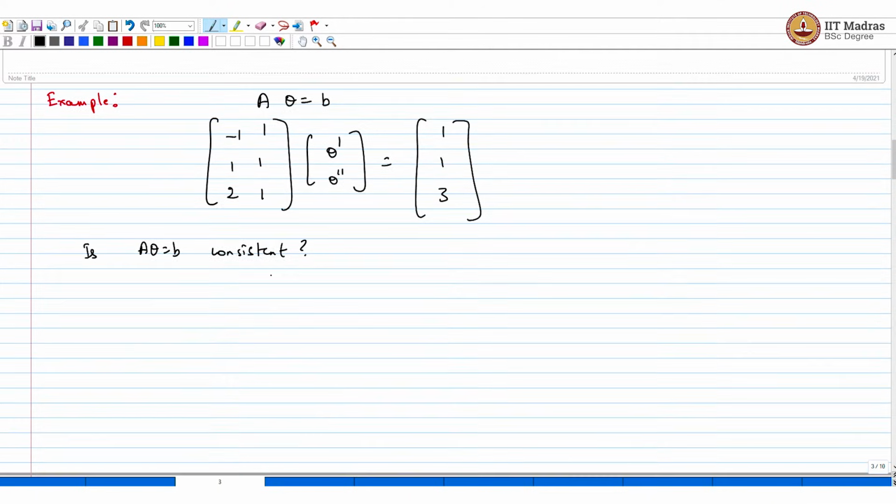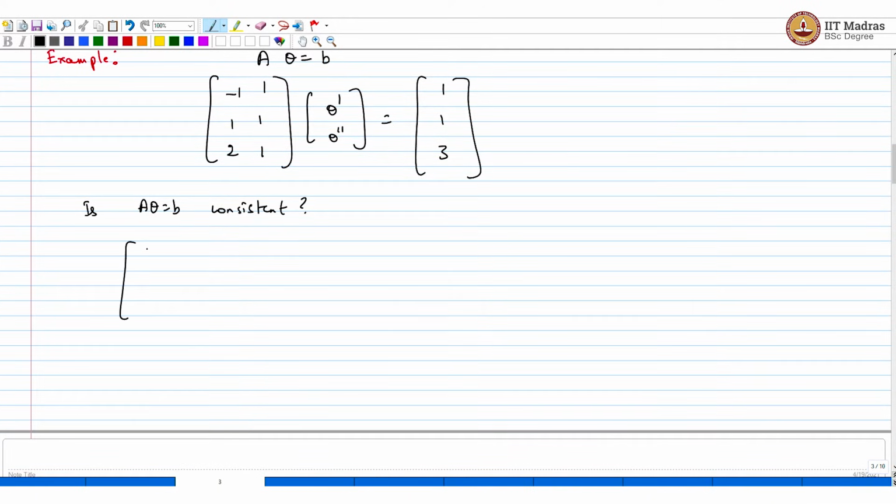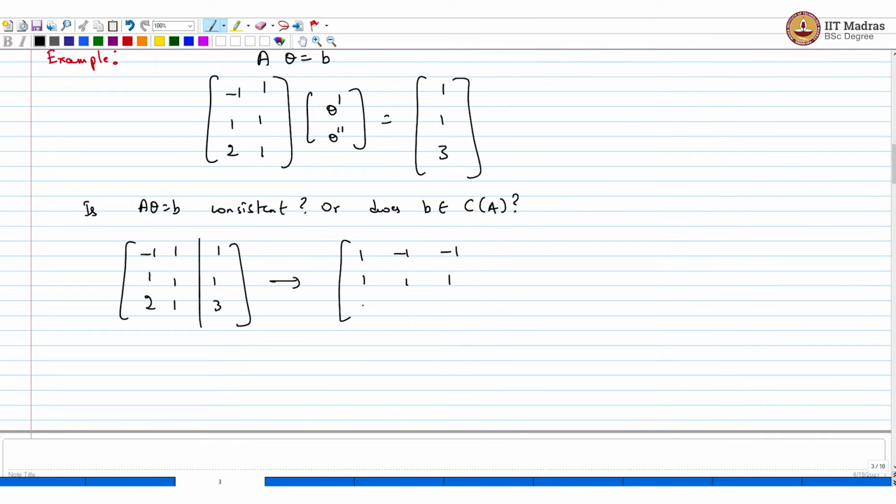Now, how do you do this? You just do Gaussian elimination. So just throw in minus 1, 1, 2, 1, 1, 1 and then 1, 1, 3, or does b belong to the column space of A. Now, if you do Gaussian elimination, I am not explaining each step, but I hope it's obvious.